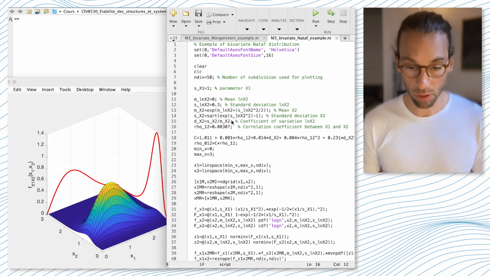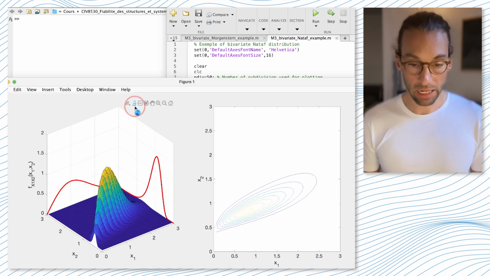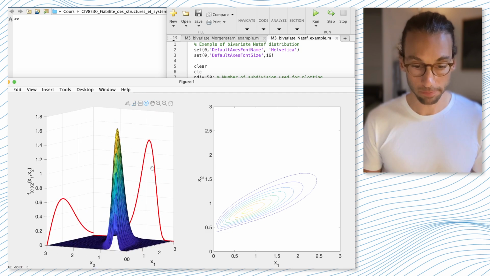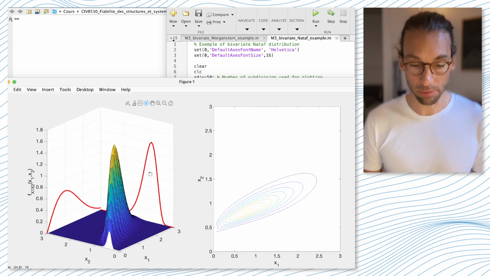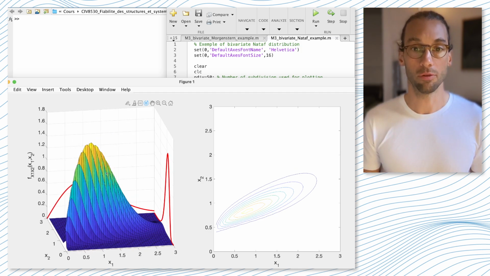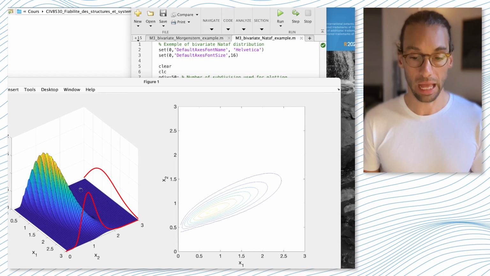And if we evaluate for some high value, say 0.83, we can see that we can now impose a much higher correlation coefficient and still have an admissible PDF. We don't have the negative value problem as we had before. So this is what we're going to be using in practice for most applications.